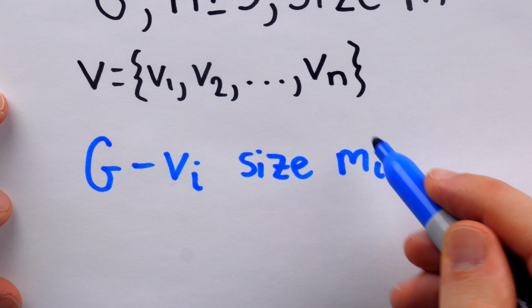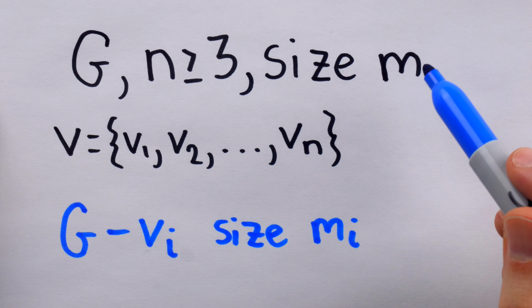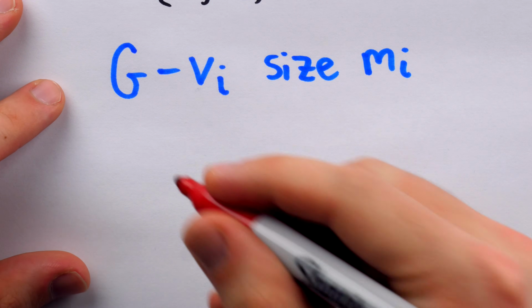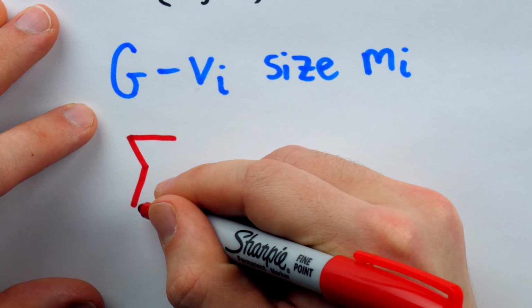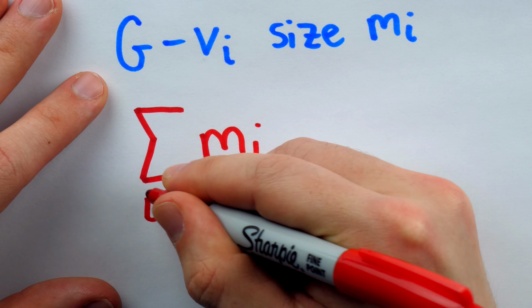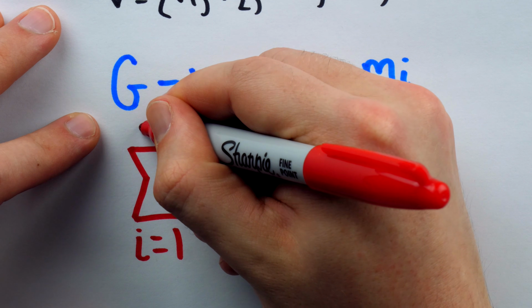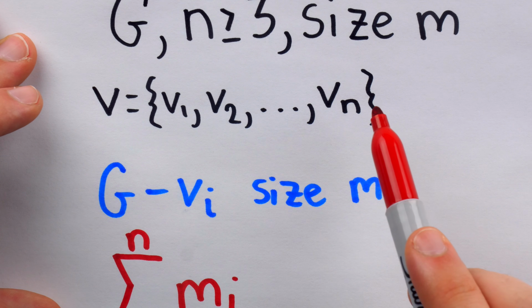So then, how can we tie this information we know to this information we want, the size of the mystery graph? Well, think about this. What happens if we add up all of those sizes Mi? So we're going to add Mi from i equals 1 all the way up to n. Of course, there are n cards in the deck because G has n vertices.